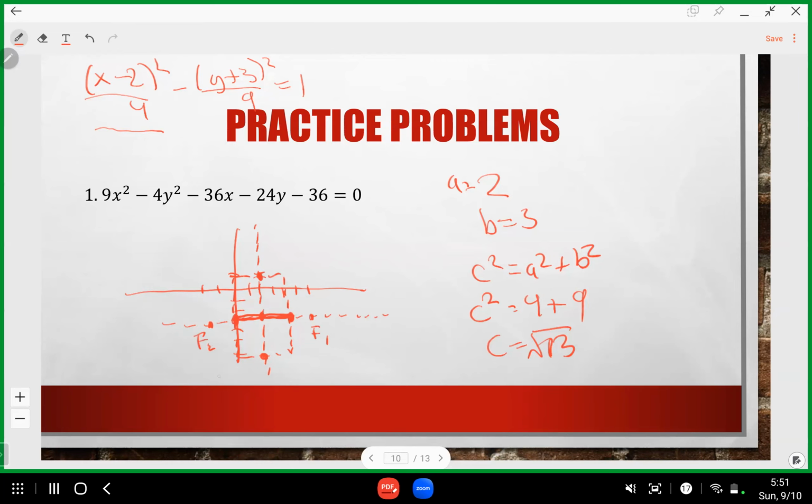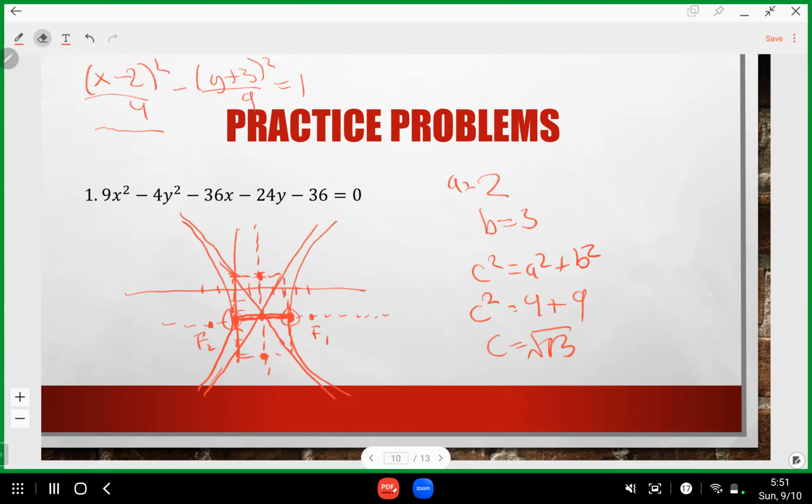Now we draw the asymptotes. So these are the vertices because this is the transverse axis. So we're going to start from here and follow the asymptote. You see how we follow the asymptote here? We follow the asymptote. Do not cross it. The asymptote is there to guide your graph.